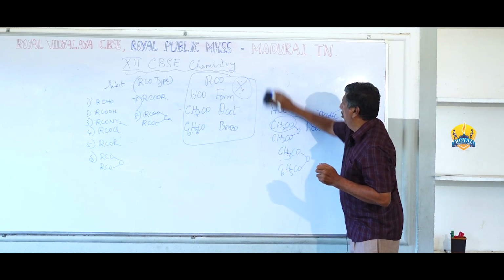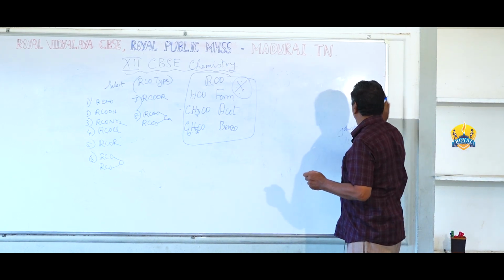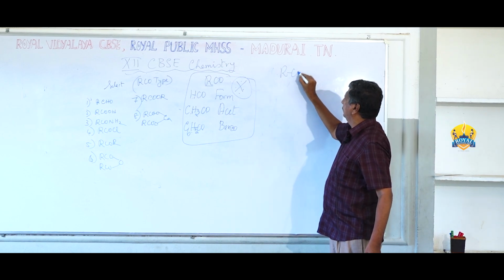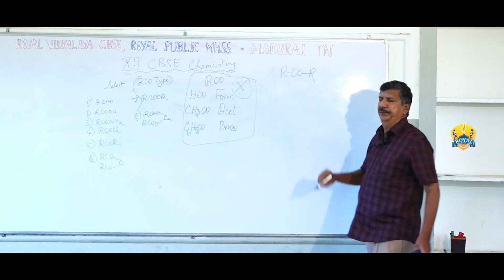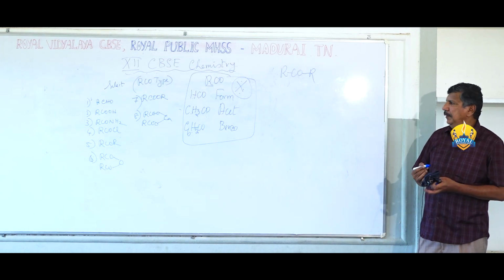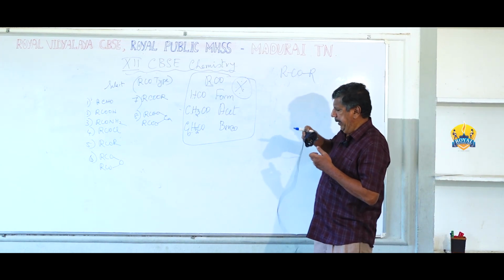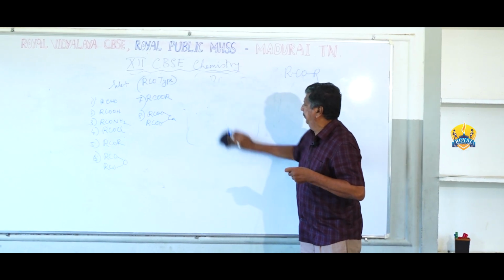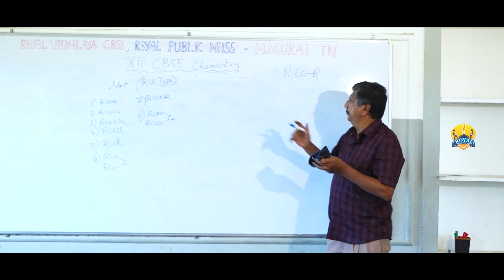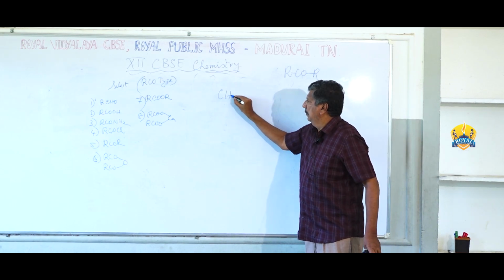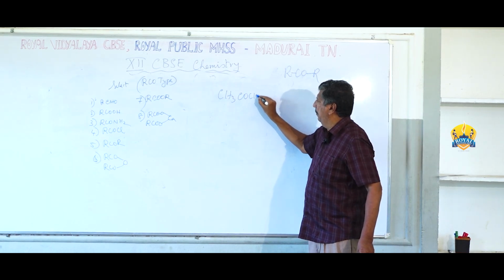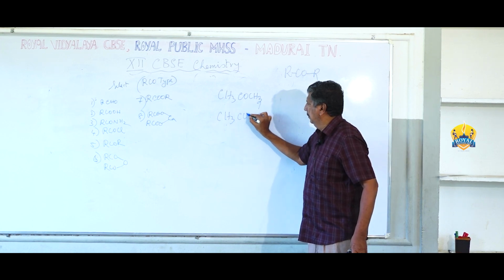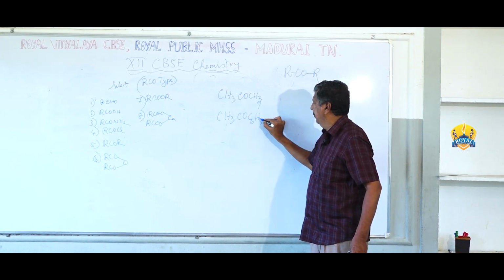Okay, anhydride is over. Next one, ketone. In ketone, this is one formula. This is one formula.